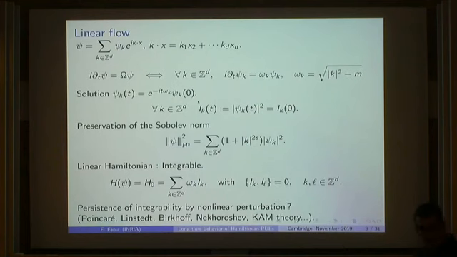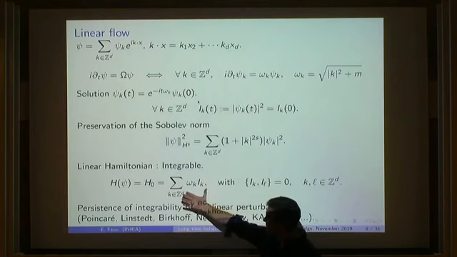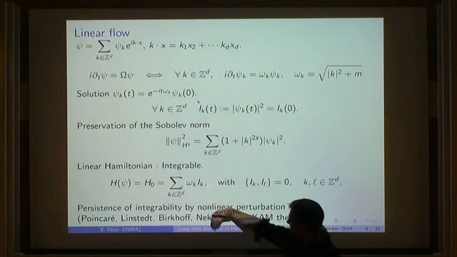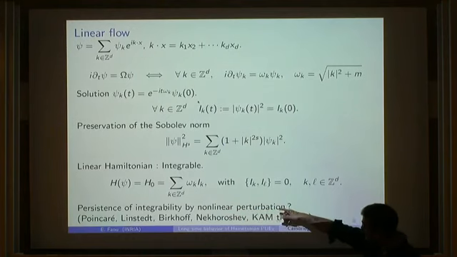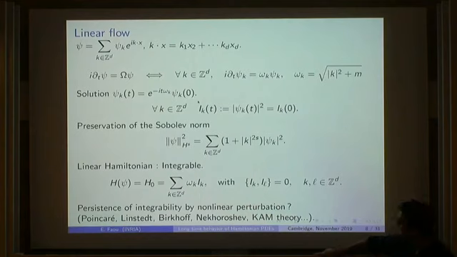So the HS norm is preserved, because all the I_k. So from the dynamical system point of view, you can say that the original unperturbed Hamiltonian is the sum of integrable Hamiltonians I_k that commute, and that are 1D, so it's a completely integrable system.